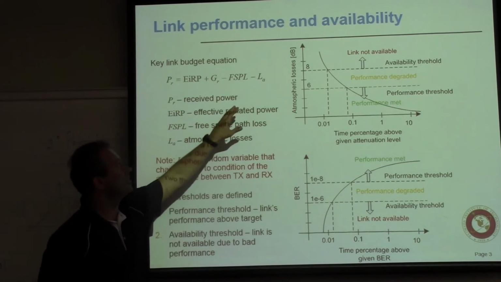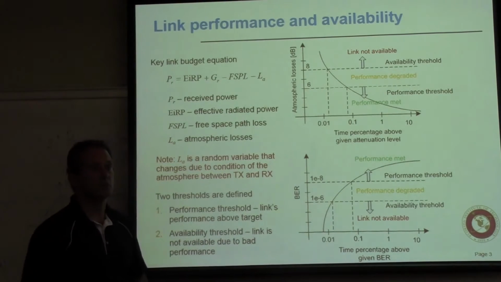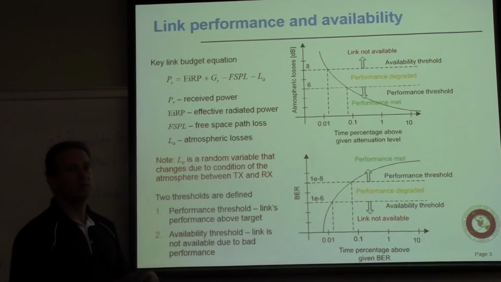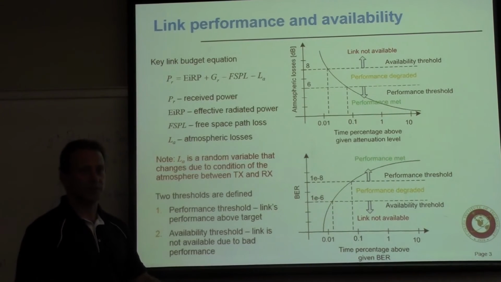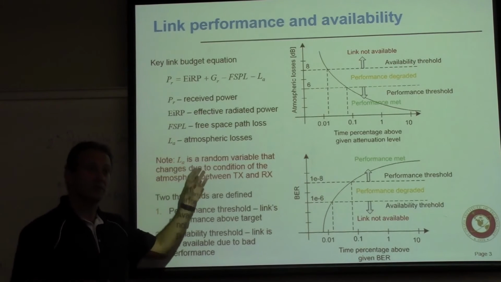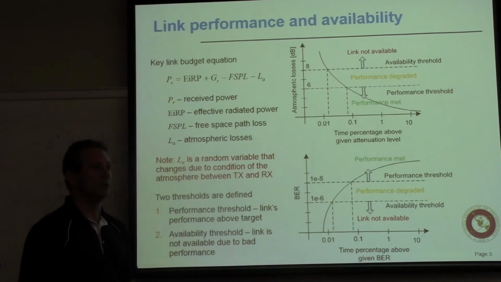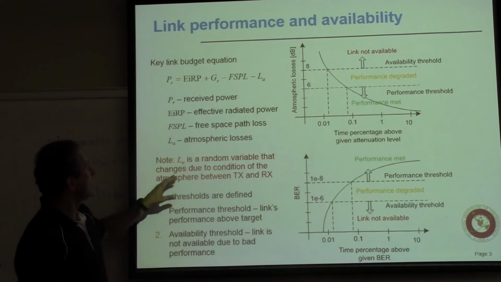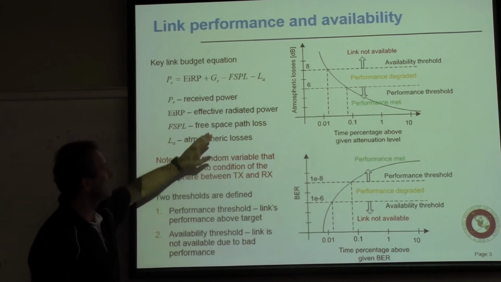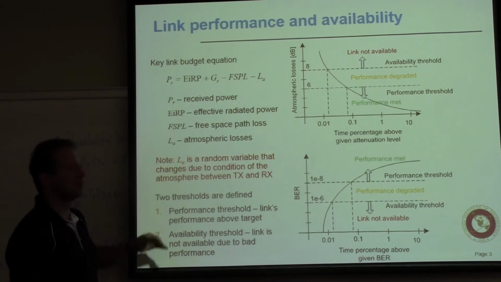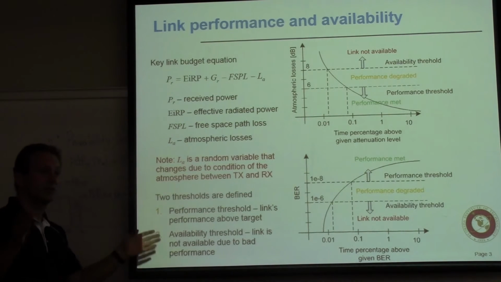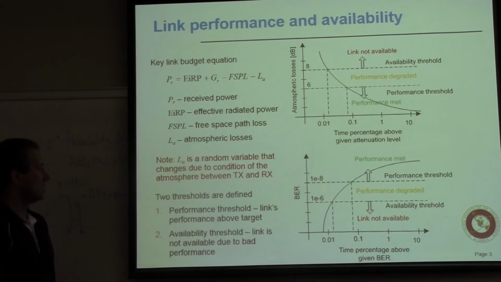And then you have an additional component of losses, which we call atmospheric losses. We had them in the link budget before. I talked about clear atmosphere versus rain atmosphere and so on. Well, this is where we need to disclose how you calculate these particular values. Now, the complication comes from the fact that this LA is a random variable that changes with the conditions of the atmosphere, the position of the transmitter and receiver, and so on.